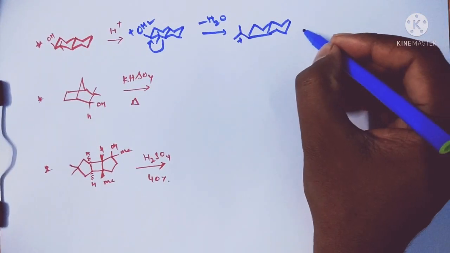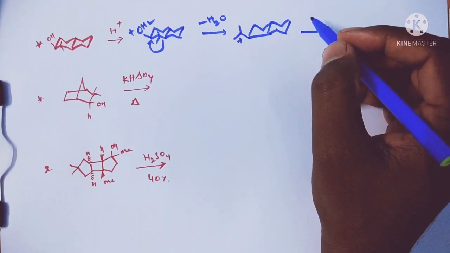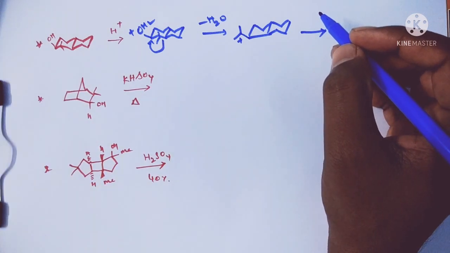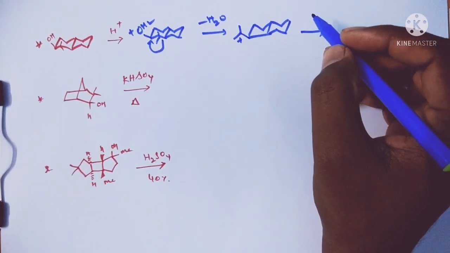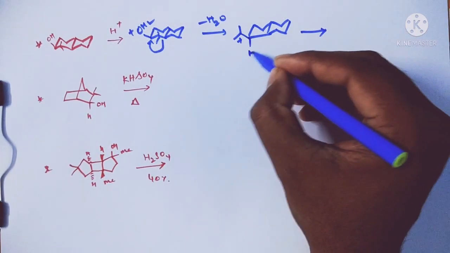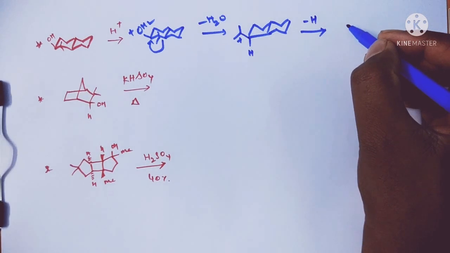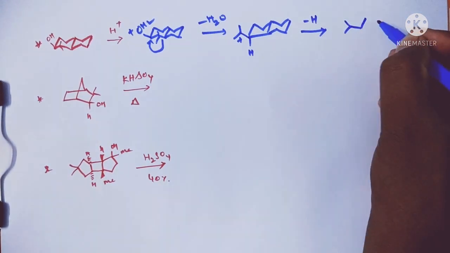Then elimination of hydrogen gives the alkene product.